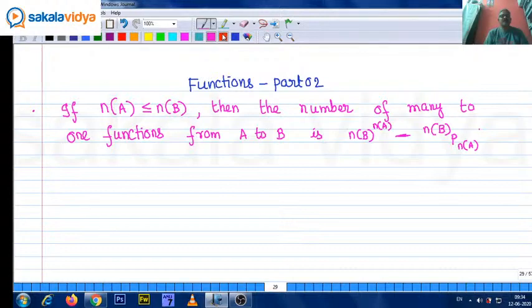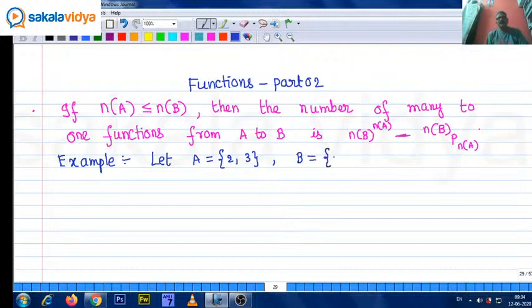Let me discuss one example now. Let A equal 2, 3 and B equal a1, a2, a3, a4.